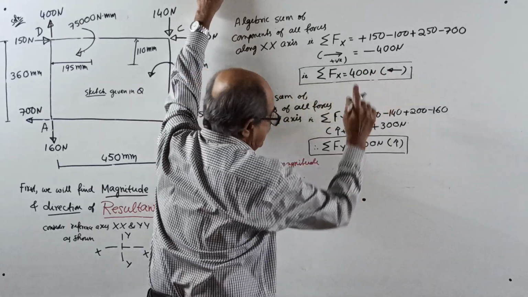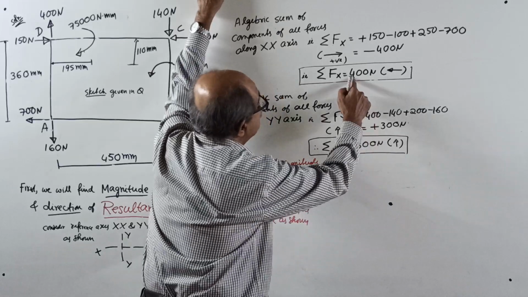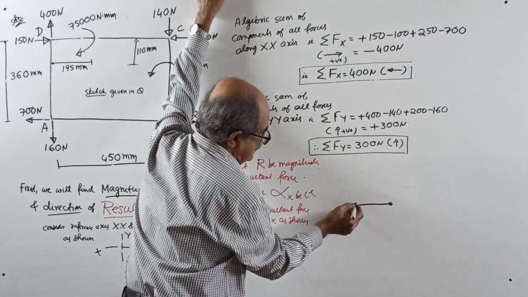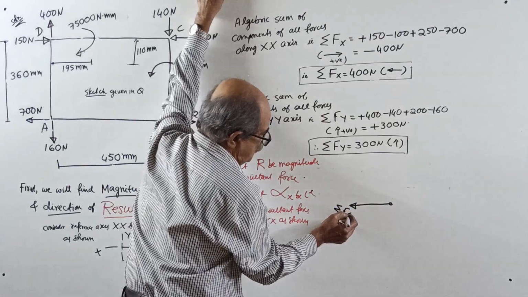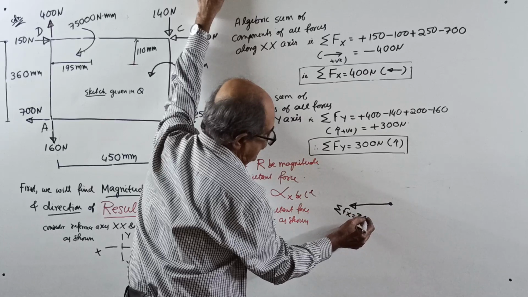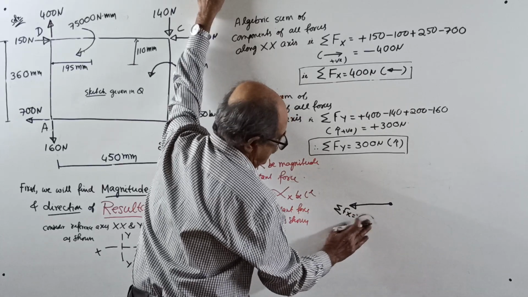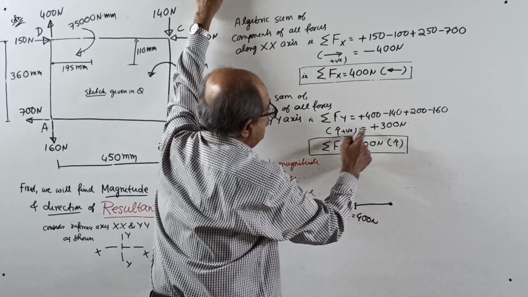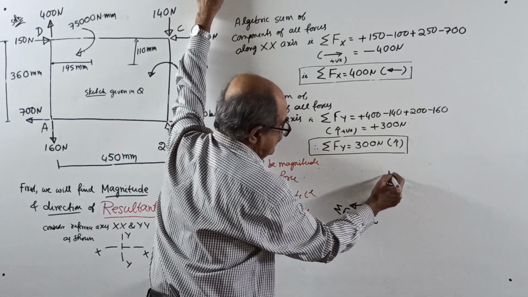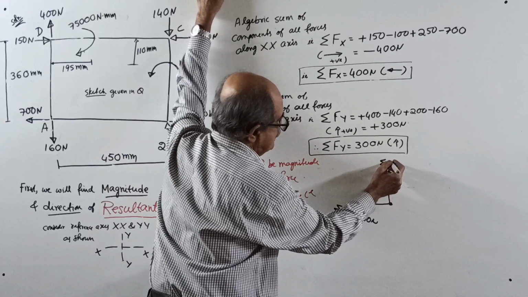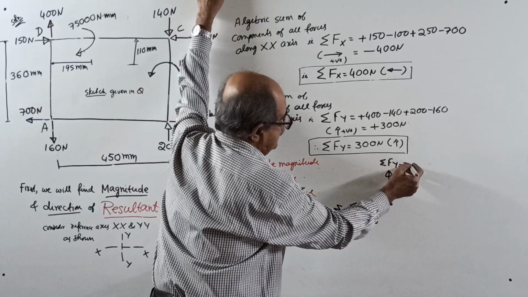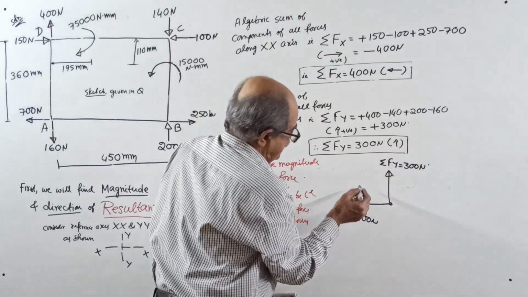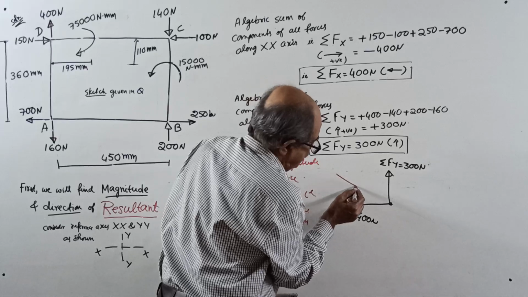Sigma Fx negative came, or sigma Fx is left side. Sigma Fx, don't put minus now, is 400 Newton, left side. Sigma Fy, plus, we got upward, 300 Newton. Now, 100% the resultant will come this way.